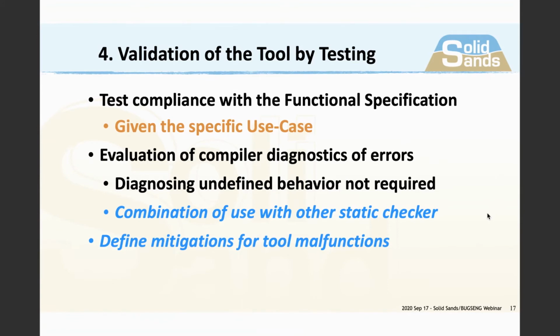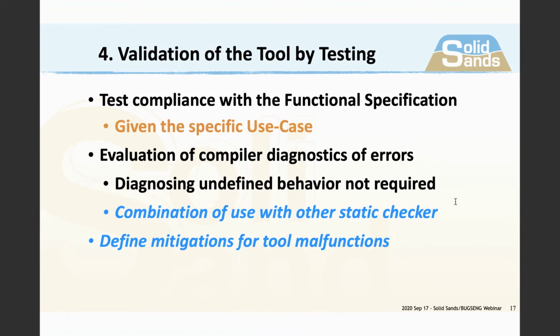There's also the case that the compiler is not required to diagnose any undefined behavior because, as Roberto explained, the compiler is allowed to assume there is no undefined behavior in the program, because that allows for better optimization and generates faster code. So it doesn't have to generate diagnostics for undefined behavior, and we can also not test that. So that's a weak area.